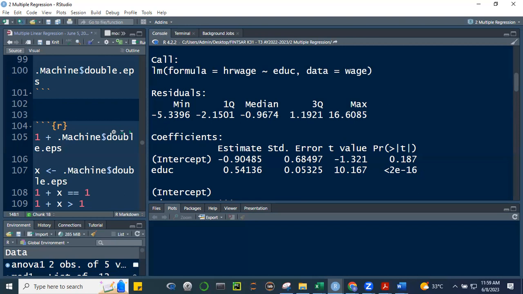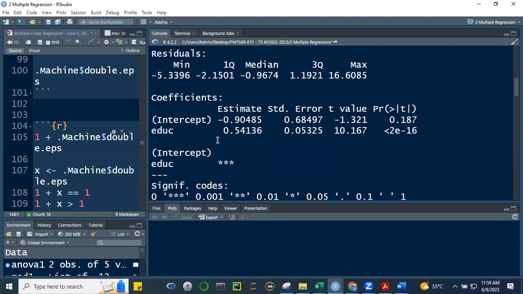Ngayon, if we have multiple linear regression, kunyari, meron tayong tenure. Sabihin natin may race din. Dito sa test of means natin, tinetest natin yung education, tinetest natin si tenure, kunyari si race, independently, isa-isa.